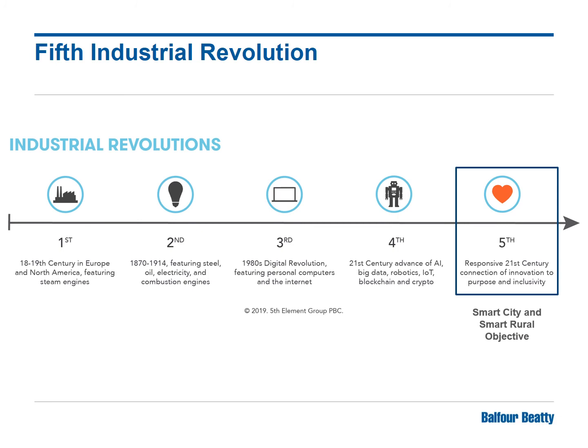If you remember, at the start of my presentation I was talking about the first industrial revolution in the 18th century. Now in the 21st century, we have the fifth industrial revolution, which is unlike other revolutions. It's about purpose and inclusivity. This is an important element for smart cities and smart rural objectives.